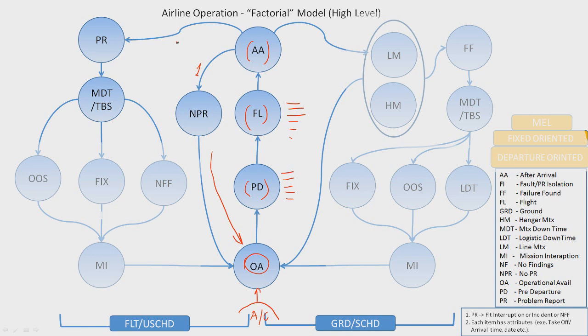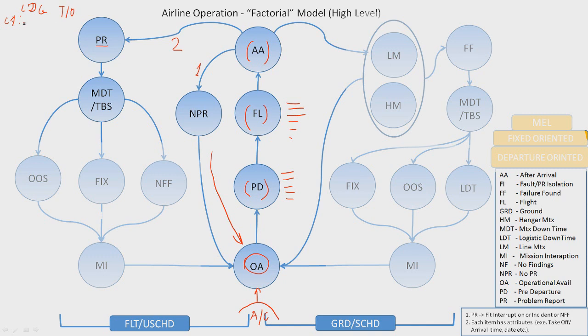Now transition number 2. A problem was reported, and I would like to put here some cases, attributes for this state. Case number 1, let me put here landing and take off time.